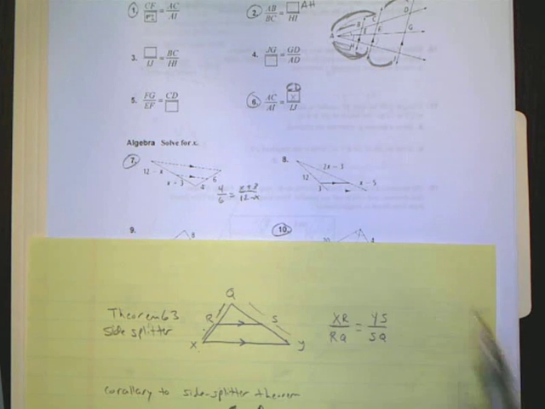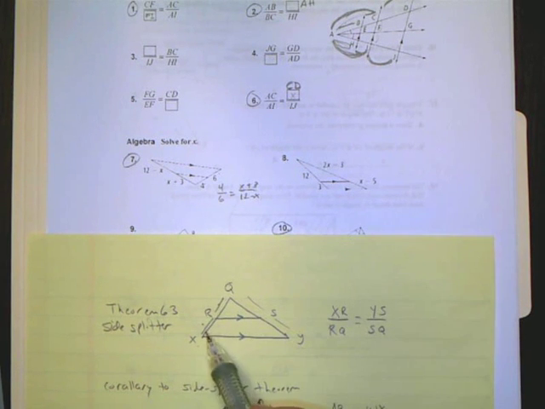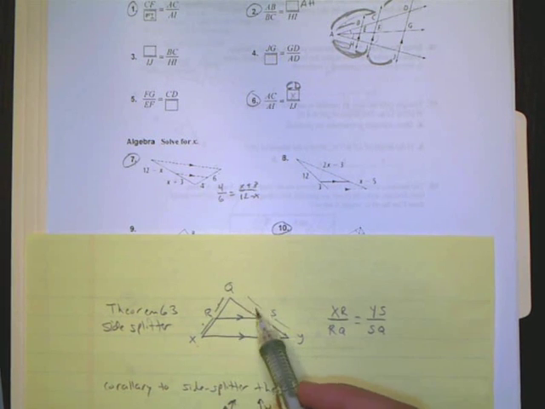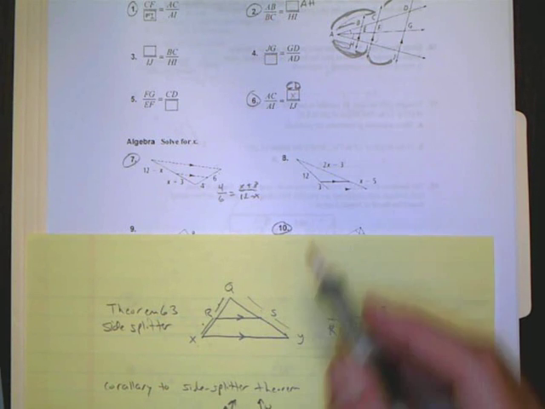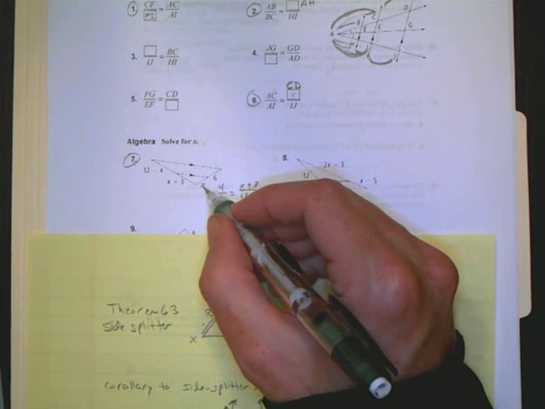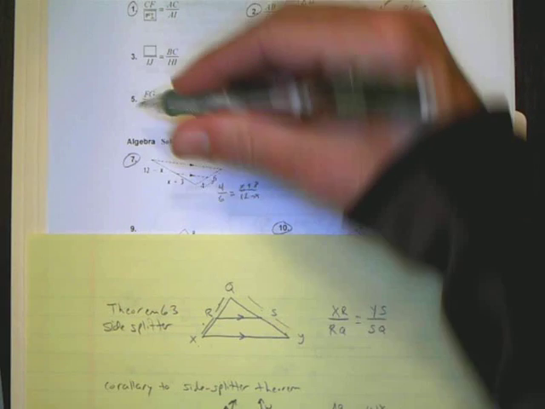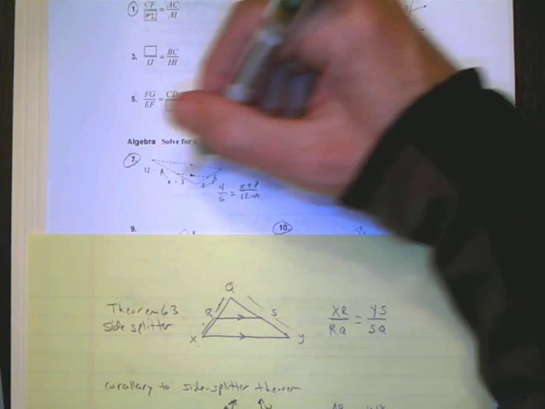Again, with the side splitter theorem, I have side to side equal to side to side, same order, same direction. I went this one to that one, so I'm going to go this one to that one. So make sure you go in the same order.